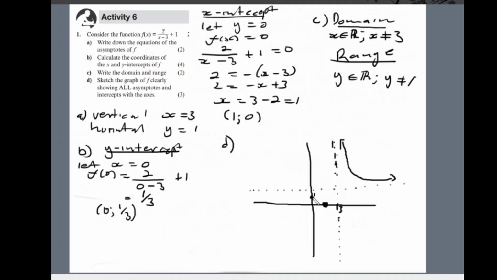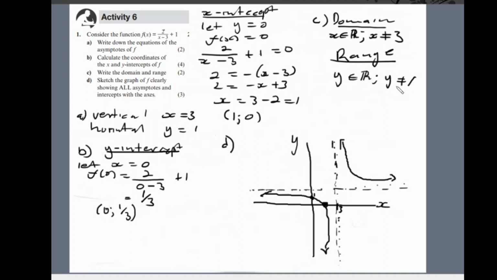And now all I have to do is connect these two points, right? And after that I just label my axes. This is my y-axis, and this is my x-axis, and these are my asymptotes, and then I'm done.